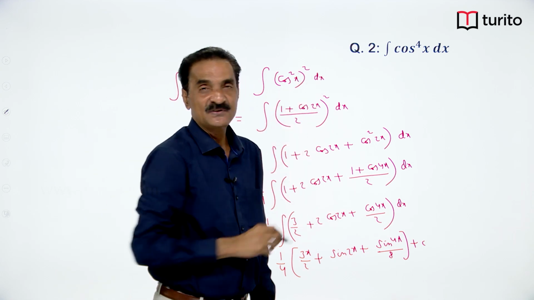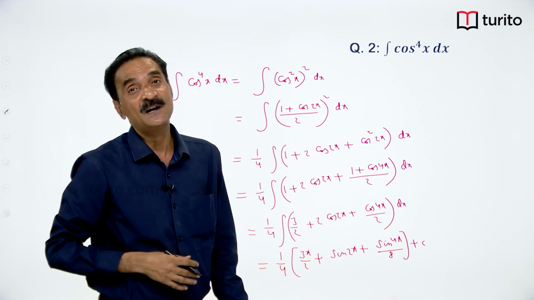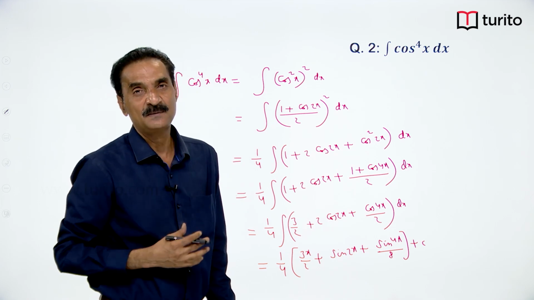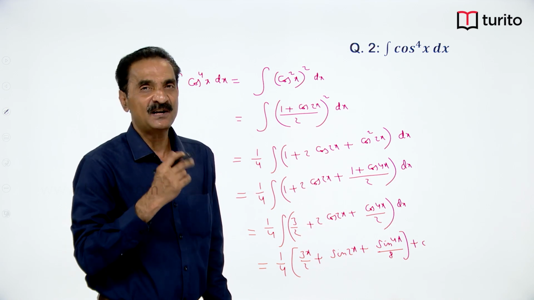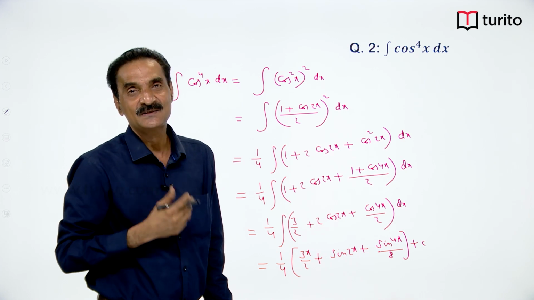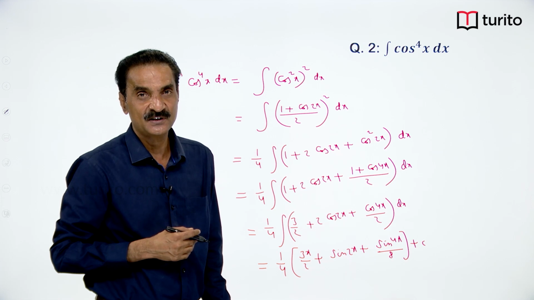For different powers of sin x and cos x, we are following different methods. Instead of that, let us generalize the procedure and find the general integral of sin power n x and cos power n x. That method is called the reduction method, integration by successive reduction.